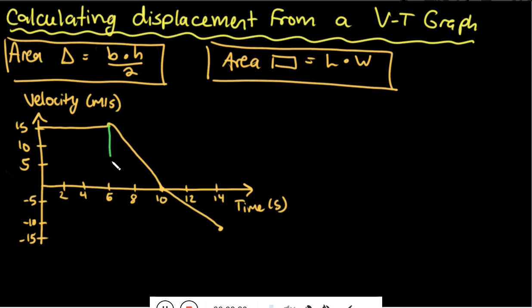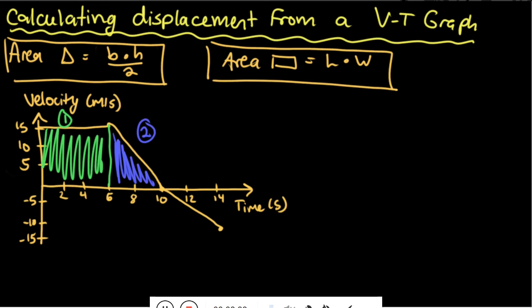We have this rectangle here that I'm going to call section 1. We have this triangle in here, which I'm going to call section 2. And then we have a triangle right here. We always have to go between the curve and the x-axis. So I'm going to call this section 3.